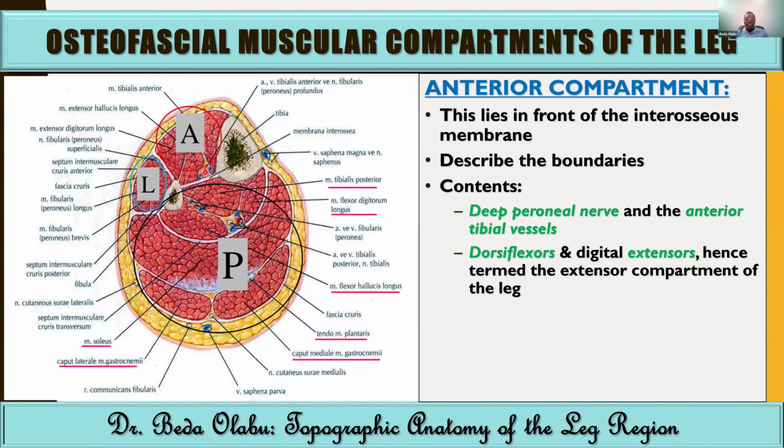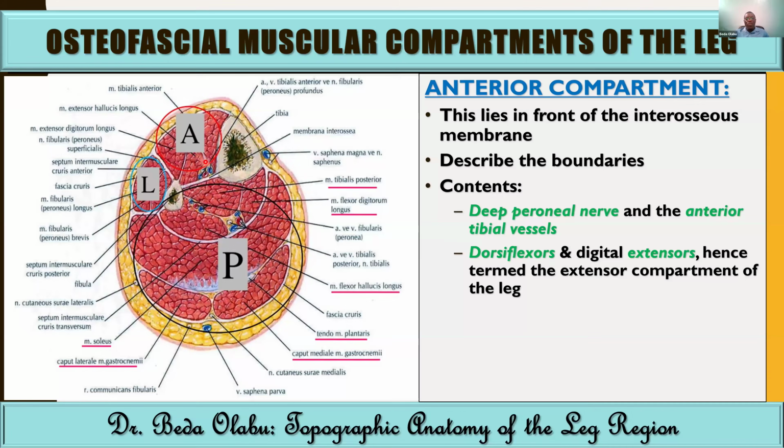So that's paralysis. But also think about the sensory distribution of the deep peroneal nerve. We mentioned that the deep peroneal nerve has a sensory distribution in the first interdigital cleft. So if the nerve is compressed within the anterior compartment, that will have clinical implication as well.